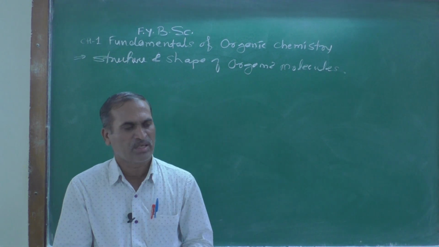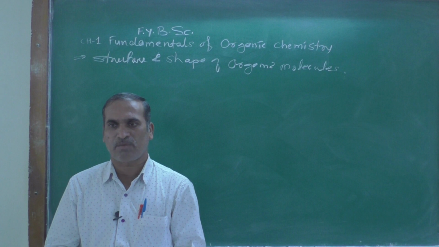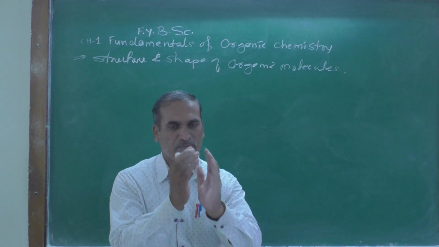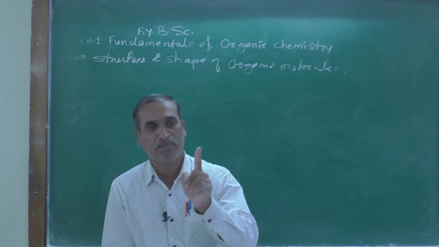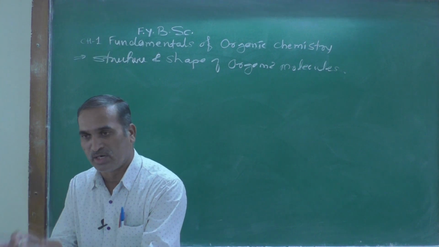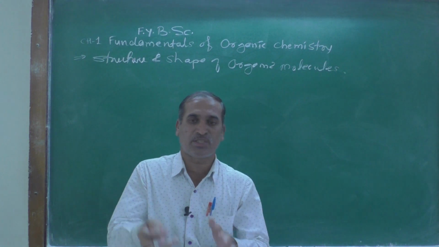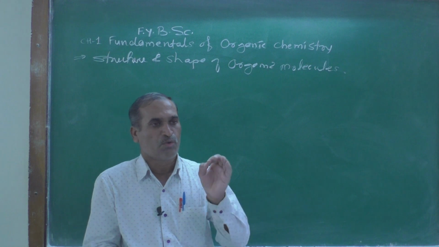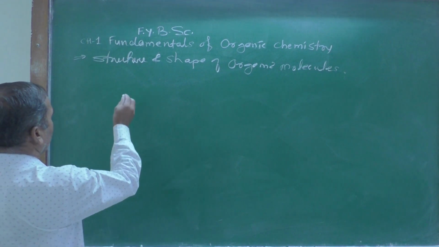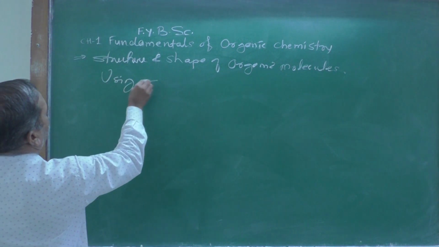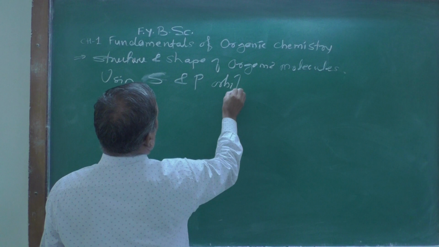By using different types of atomic orbitals, a number of hybridizations are possible. But as far as F.Y.B.Sc is concerned, we are going to learn only using s and p orbitals, because it is useful from the organic chemist's point of view.